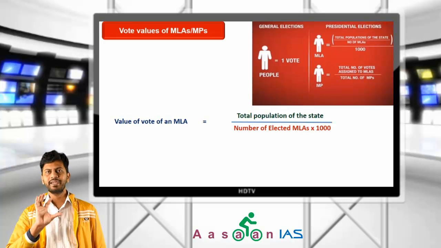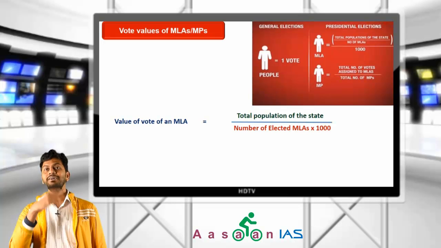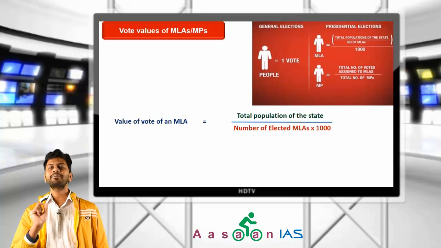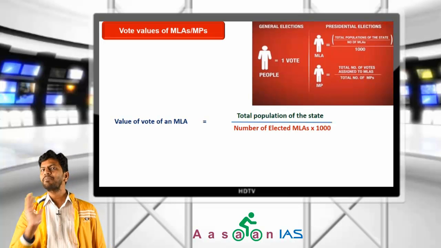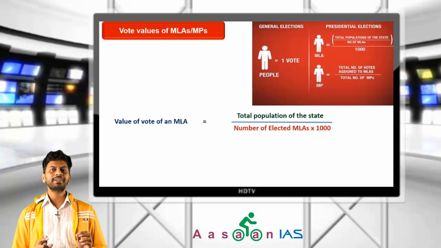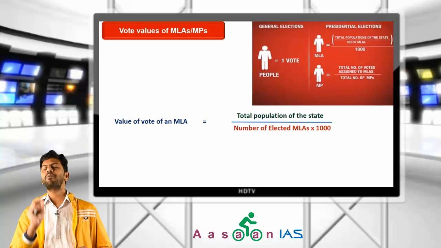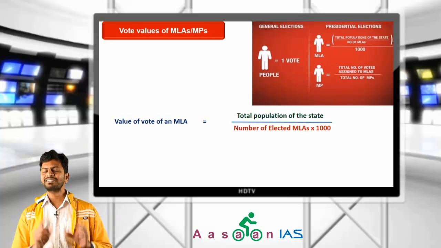Each MLA may not be equal, but I'm talking about the average. Each MLA is representing 1 lakh population. Tell this in thousands: each MLA is representing 100 thousands of population. So the vote value of each MLA of that state is equal to 100.